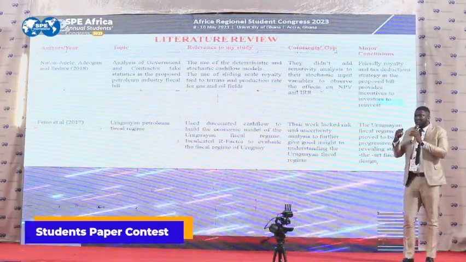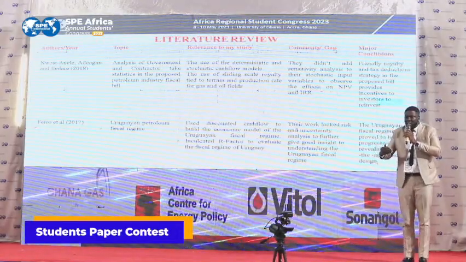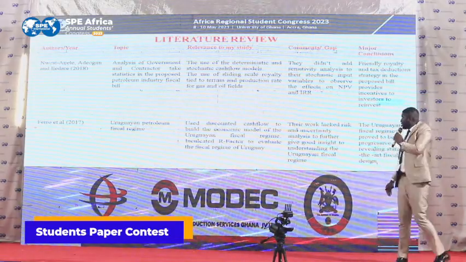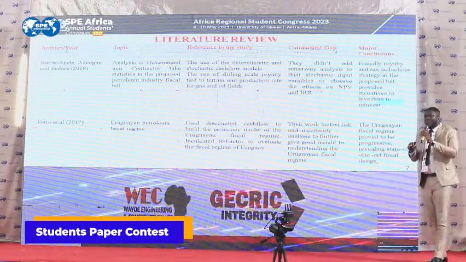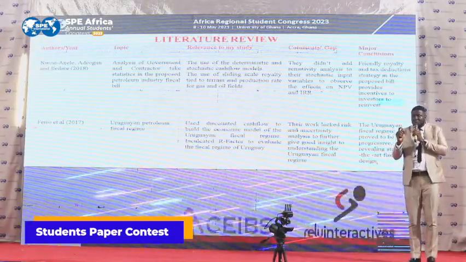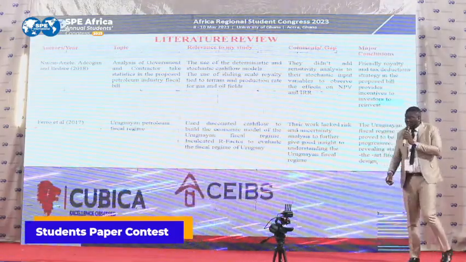And they incorporated what we call a sliding scale royalty, which is tied to the terrain of production and production rate of both oil and gas fields. But their work lacked sensitivity analysis, which is very important to investors because they want to see how sensitive the project is before they can invest their dollar.